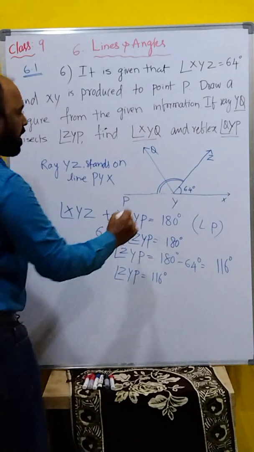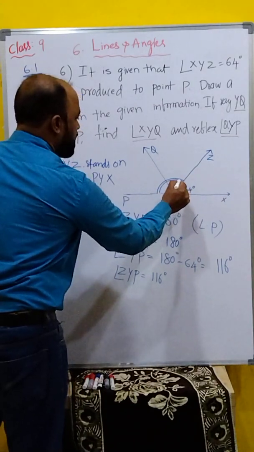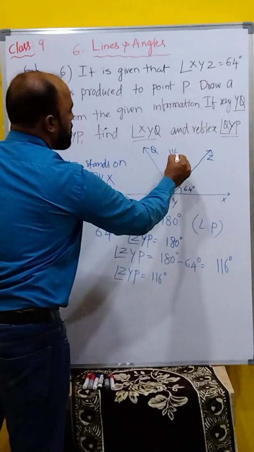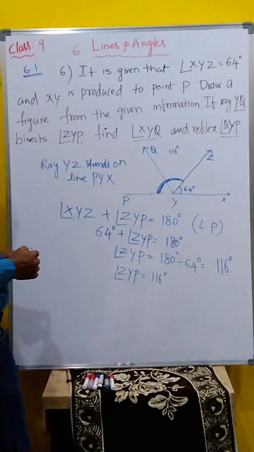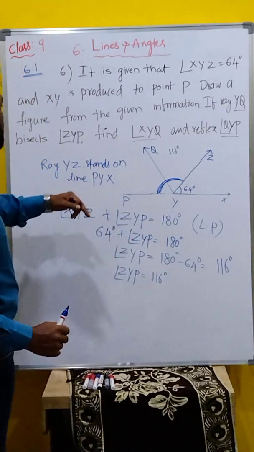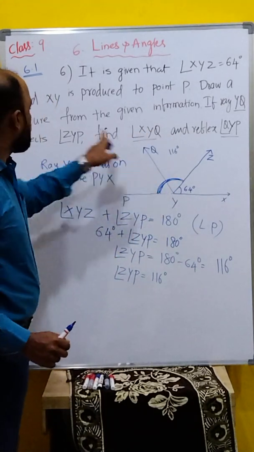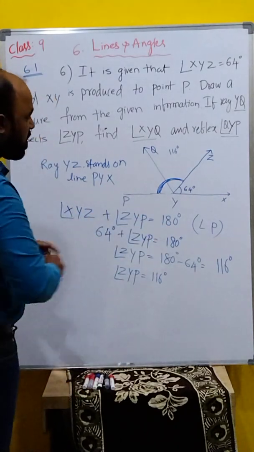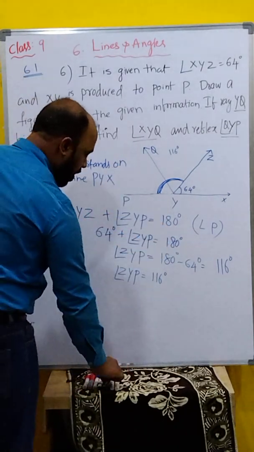Clear, children? This complete angle we now got is 116. Now we have to find these two separately also. According to the condition, YQ is bisecting ZYP. Bisect means half of that one, dividing into two equal parts.